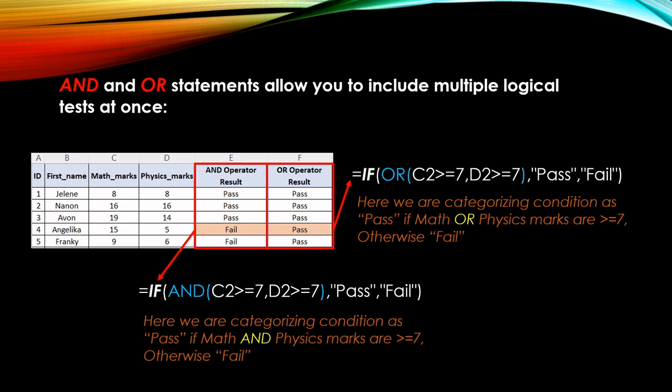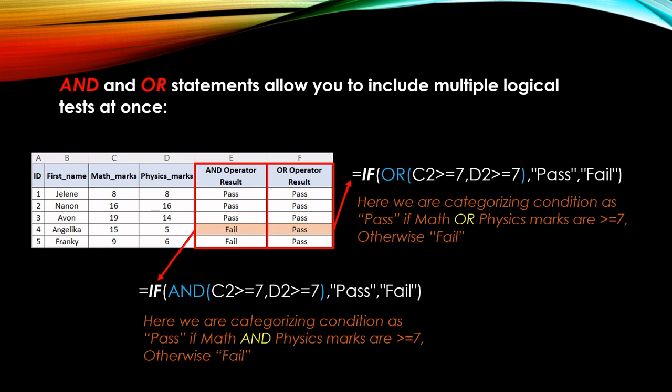Reading through this example with the AND statement, basically what we are saying is that logical test one is true if these two things are true. So in the IF AND statement, C2 is the math marks and it should be greater than or equal to 7, and D2 is the physics marks, which should also be greater than or equal to 7.